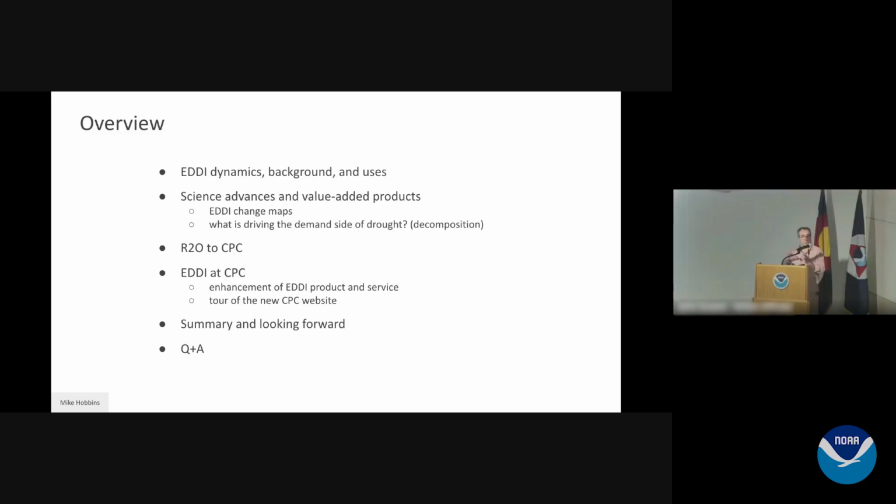The other is a bit more sciencey, about decomposition of evaporative demand: what's the driving demand side of drought? Then I'll talk about the R2O process to the CPC, not so much the process, more what it looks like after the process. Then we'll turn it over to the CPC, and they will talk about the products and services they're offering and give us a tour of the CPC website, and then we'll summarize and look forward. Then we'll have a Q&A session afterwards.